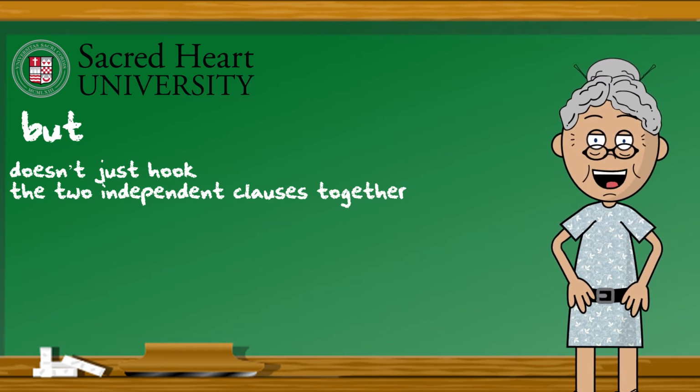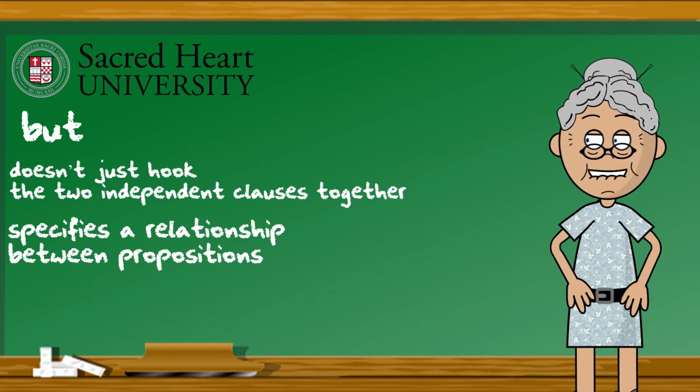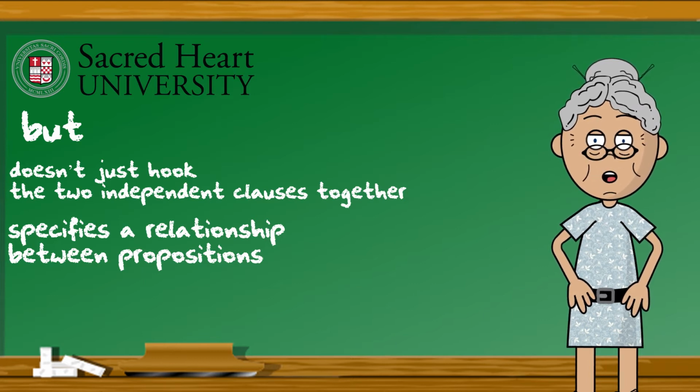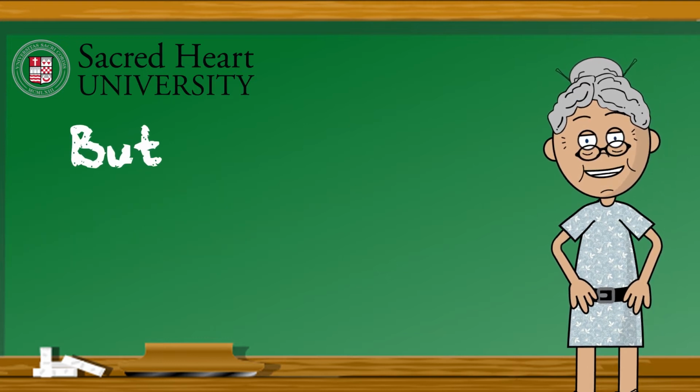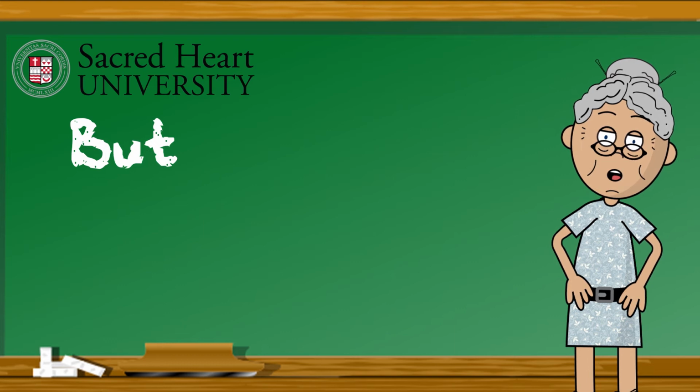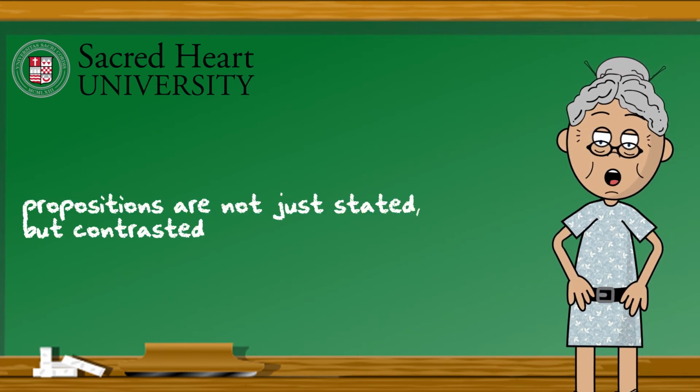It specifies a relationship between the two of them. It tells us that the two ideas, or propositions, that the clauses express should be seen in contrast to each other, but gives the two clauses together more meaning than they have separately. It shows that the propositions are not being just stated, but contrasted.